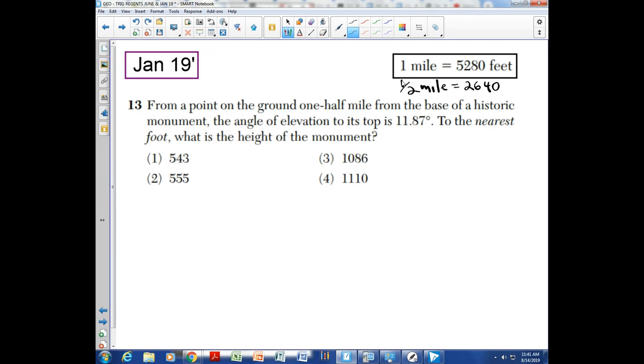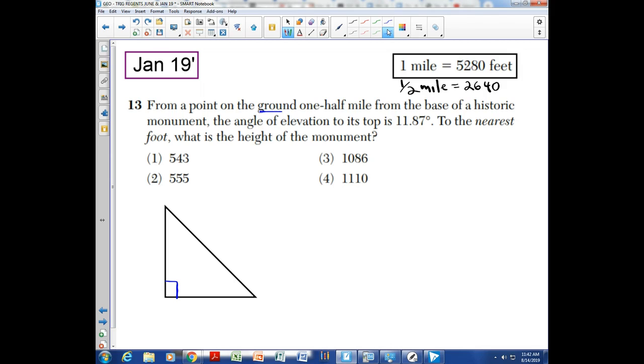So again, you need to realize that you have a right triangle trigonometry problem. So we're going to put a right triangle here to help us out. Here's my right angle. Now, the key word here is on the ground, right?